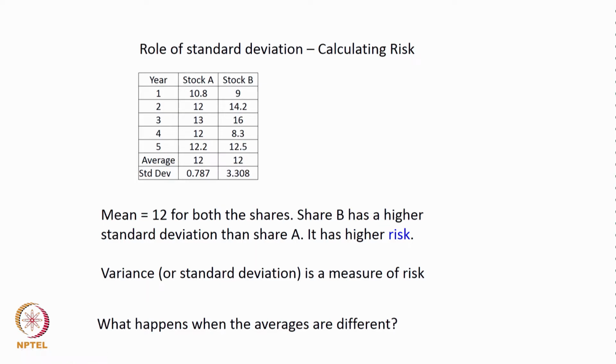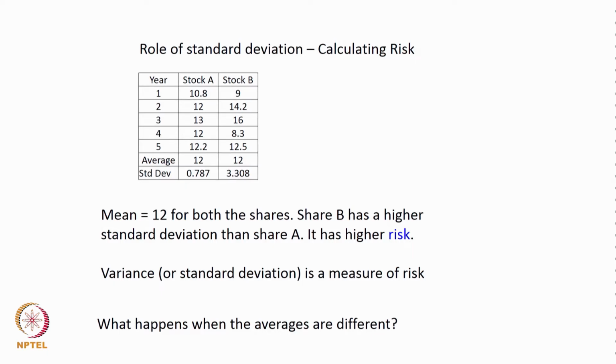We find the average, and in this case we observe that both stock A and stock B have the same average of 12% return. Now we compute the standard deviation using the formula that was discussed in the earlier lecture, and we observed that stock A has a standard deviation of 0.787 while stock B has a higher standard deviation of 3.308.